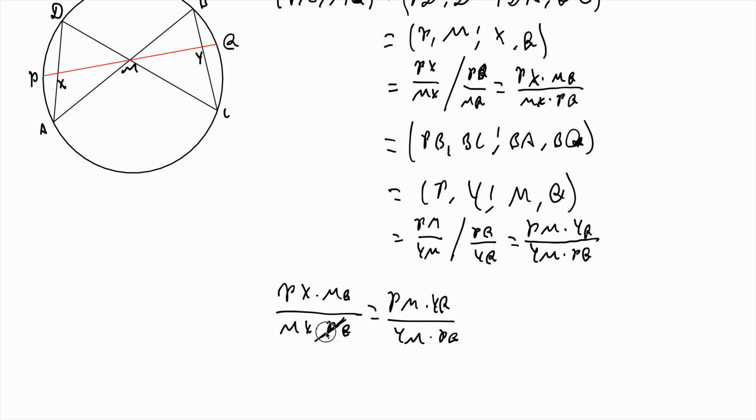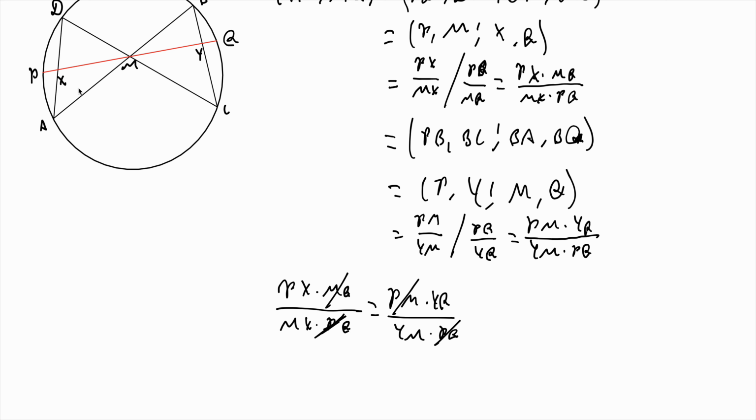We have PQ here. Let's erase them. How about YQ? PX, MP? MB? Is it B? No, it's Q. MQ equals PM, so we could also erase these two.